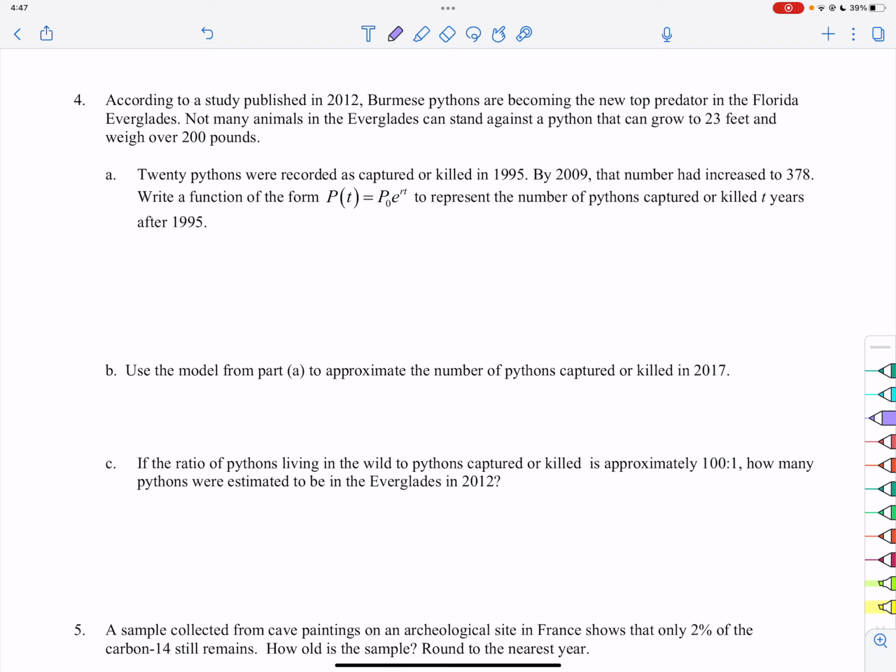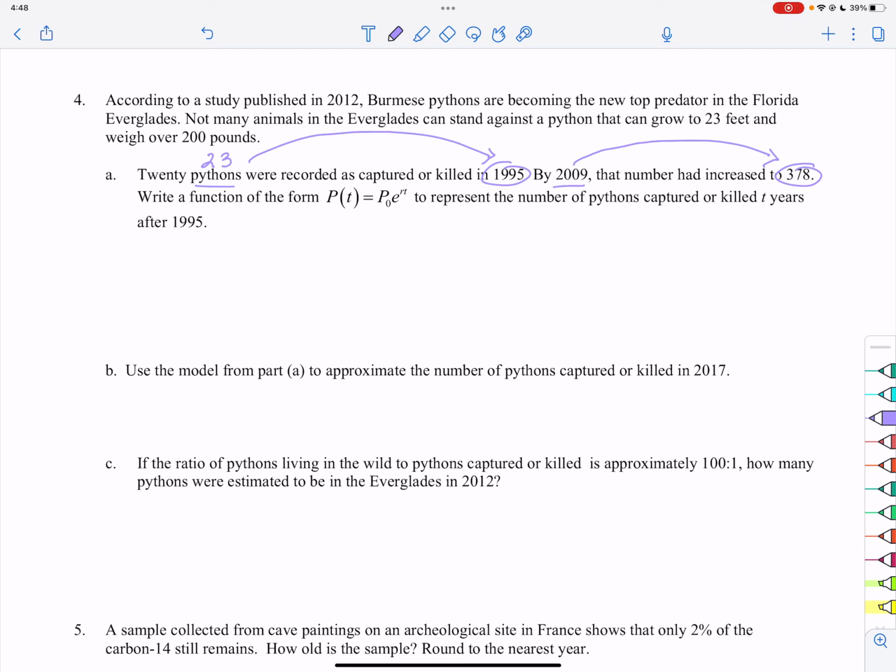By 2009, that number had increased to 378. So we had 23 in 1995 and 378 in 2009. Write a function of the form P of t, the population that depends on time, equals the initial population times e to the rt.